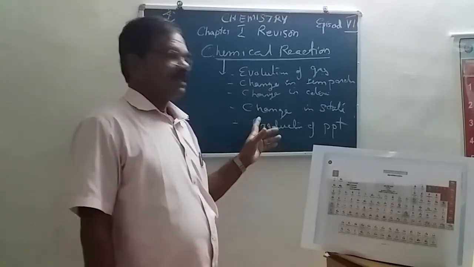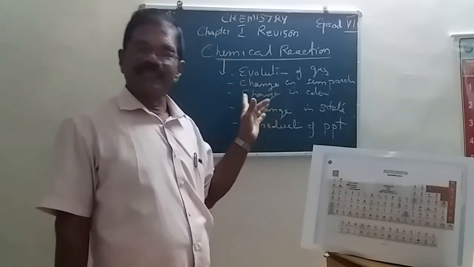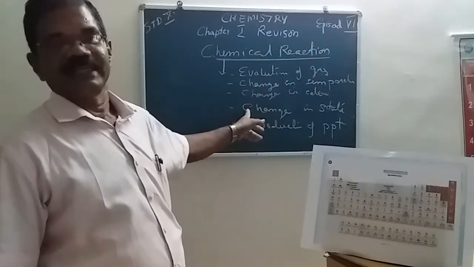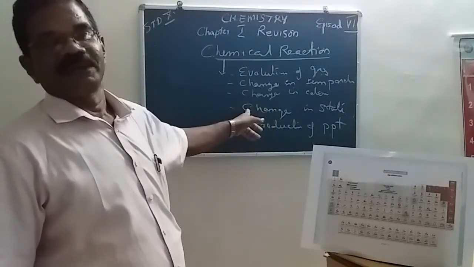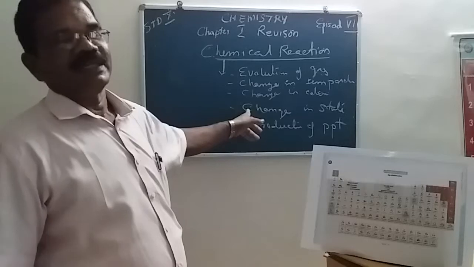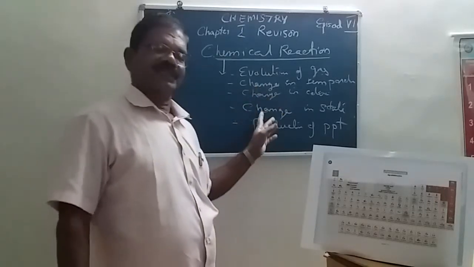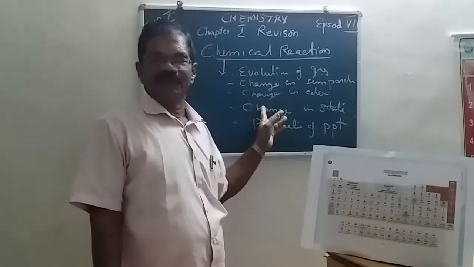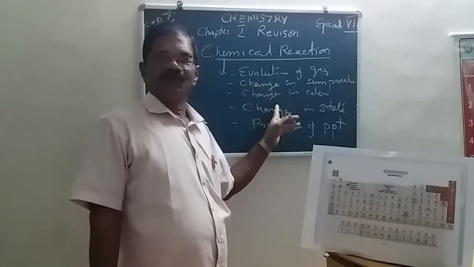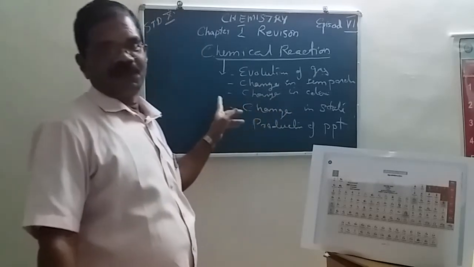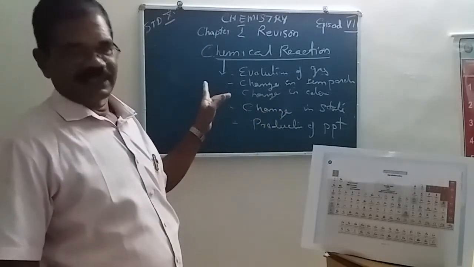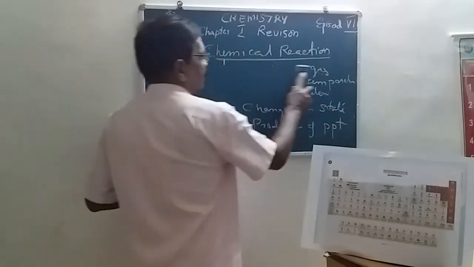Zinc reacts with hydrochloric acid. Zinc chloride and hydrogen are produced. The common concept is that if a metal reacts with an acid, the first product is its salt and the second product is hydrogen, because every acid contains hydrogen.